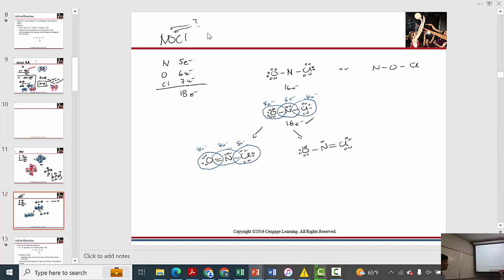But if we look at this right structure, does oxygen still have an octet? Yeah. Does nitrogen have an octet? Yeah. And does chlorine have an octet? Yeah. So both of these structures satisfy the octet rule.